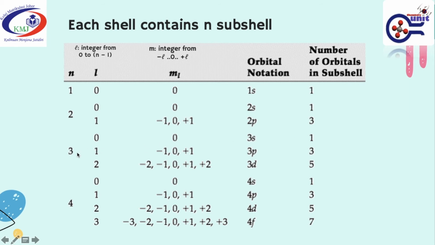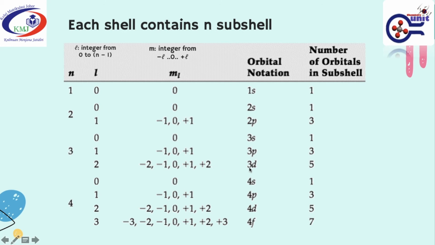Next, for n is equal to 3, L is equal to 0, 1, and 2. 0 and 1, same goes for the one for L. And for L is equal to 2, you have the value of M, negative 2, negative 1, 0, positive 1, positive 2.